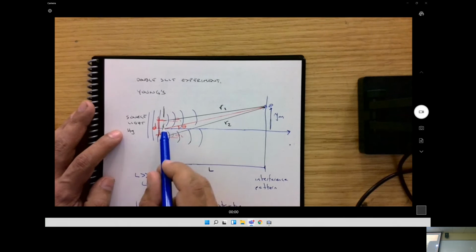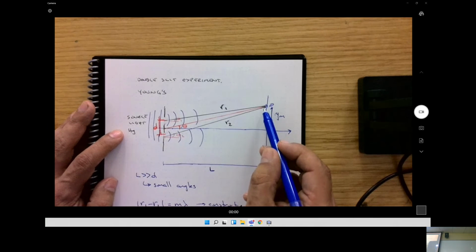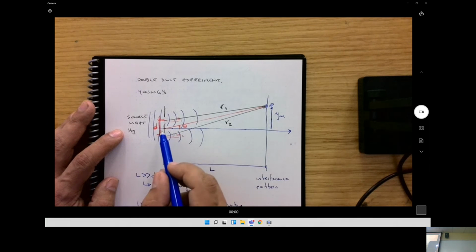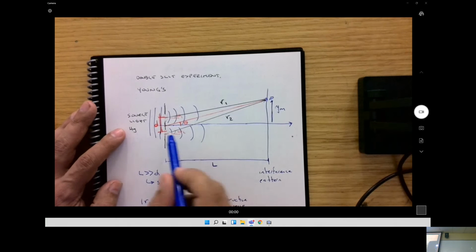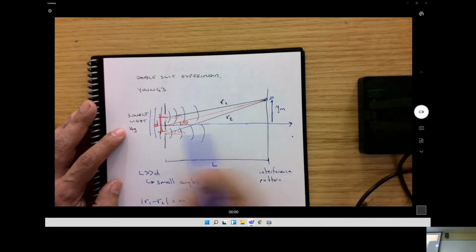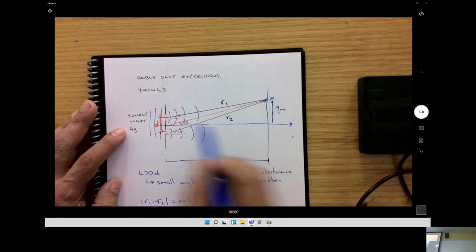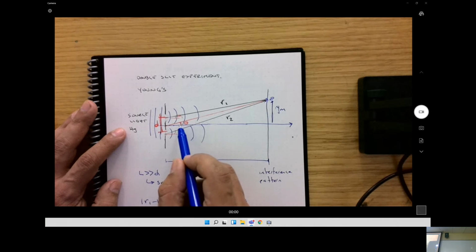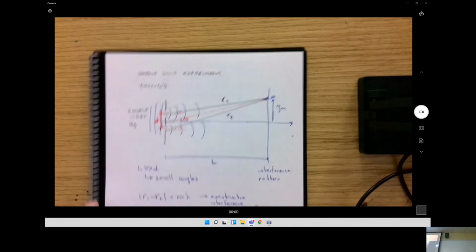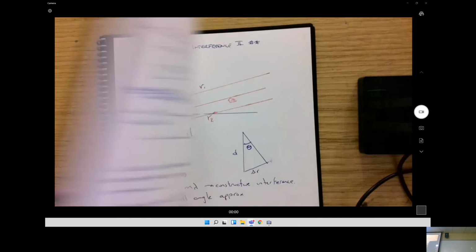Okay, I notice that here I have another really large triangle. So I have a triangle with one side L, the opposite side y of m, and an angle theta. I'm going to draw it over here.